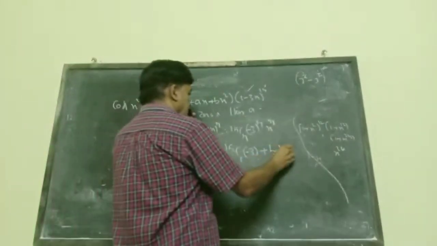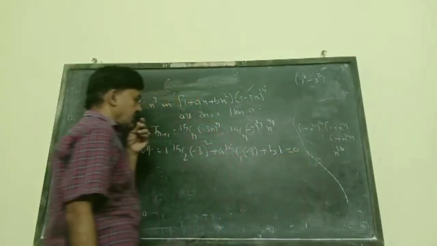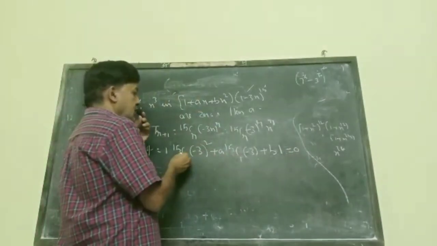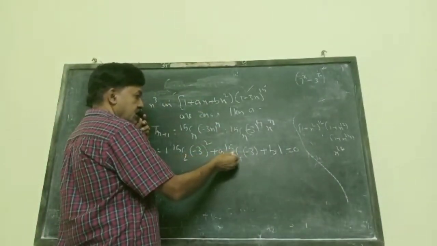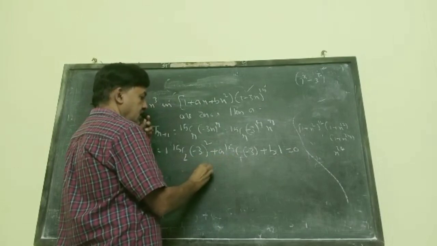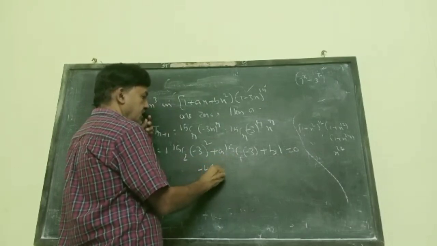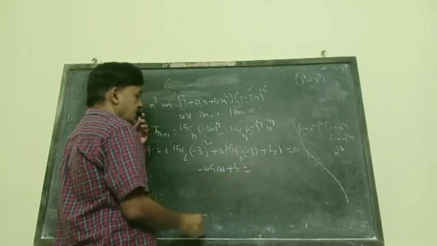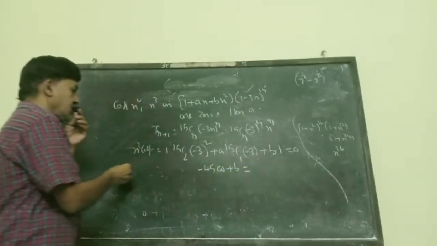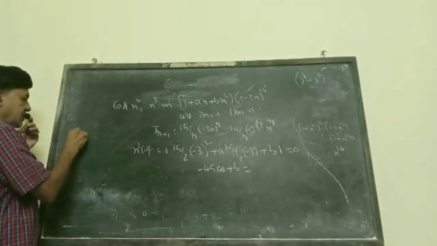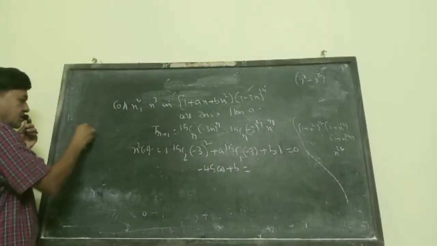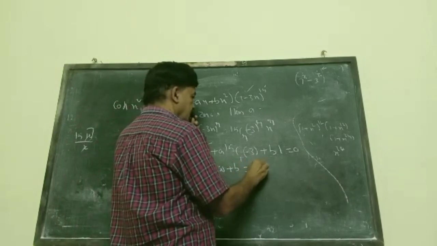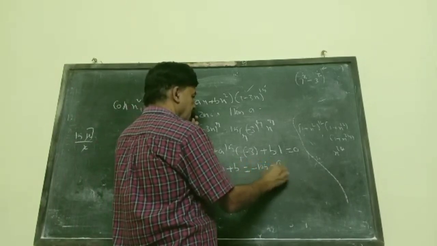This must be equivalent to 0. Yes, understood? So we can simplify this. This is how much? 945... sorry, 105b minus 45a plus b is equal to, what is 15C2? 15 into 14 by 2, 105. So you will get minus 105, equation number 1.